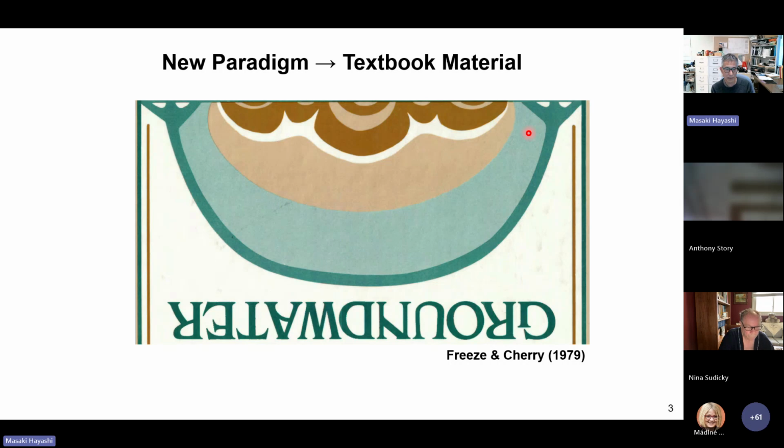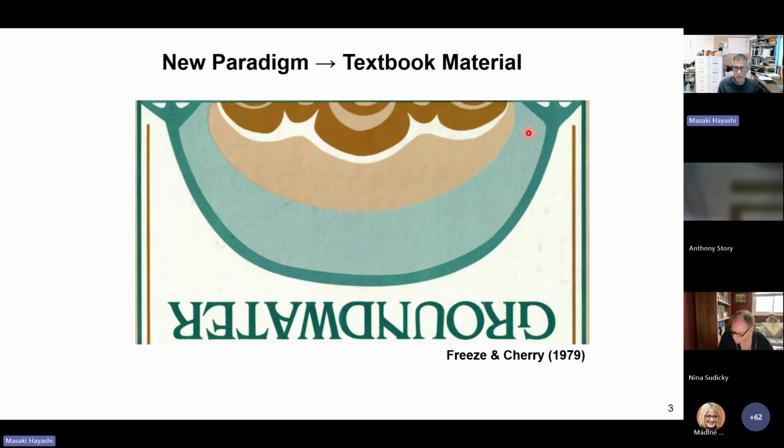I was born in 1963. So of course, I didn't really read Joseph's original paper when it was published. But I learned about this theory through this textbook. Chapter 6, in my opinion, is the best chapter in this textbook.